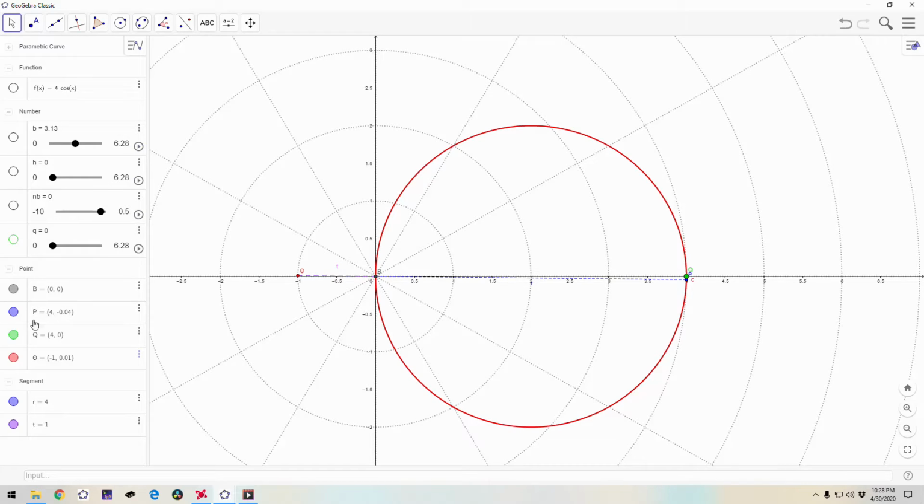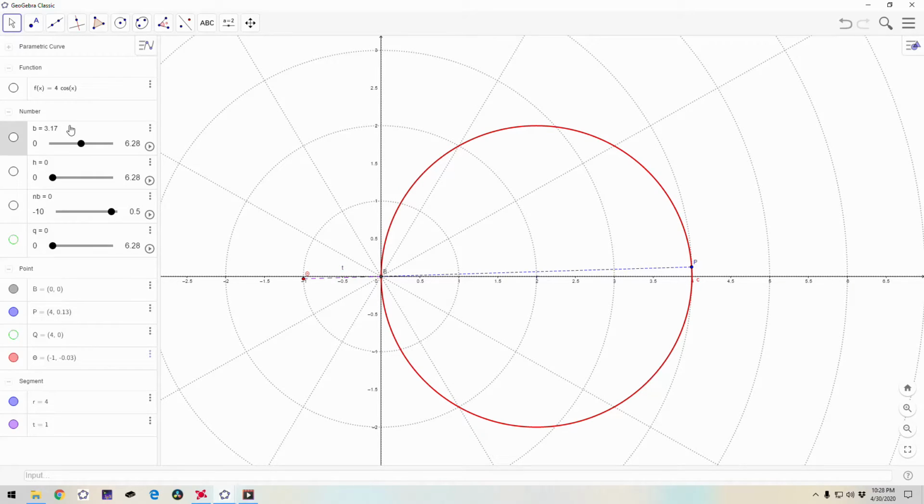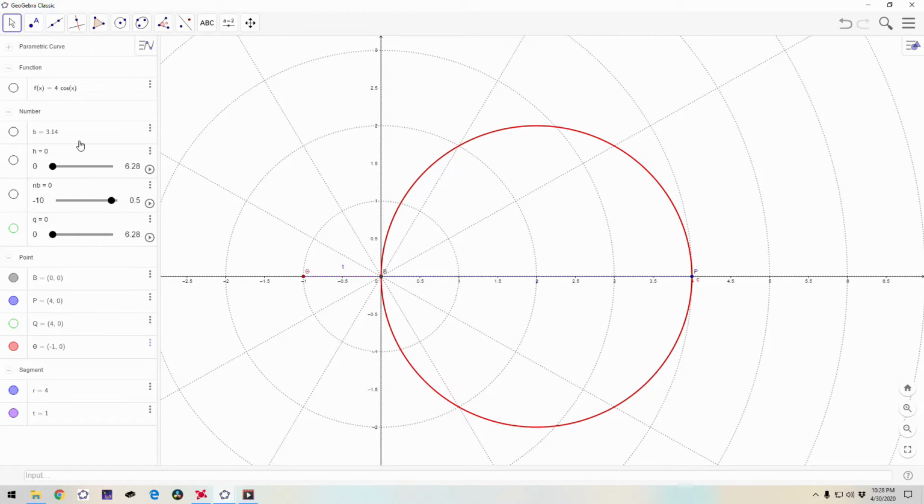And then it meets back up with our other end there, right as, whoops, went too far. See 3.14, right? And then it's the complete circle there.